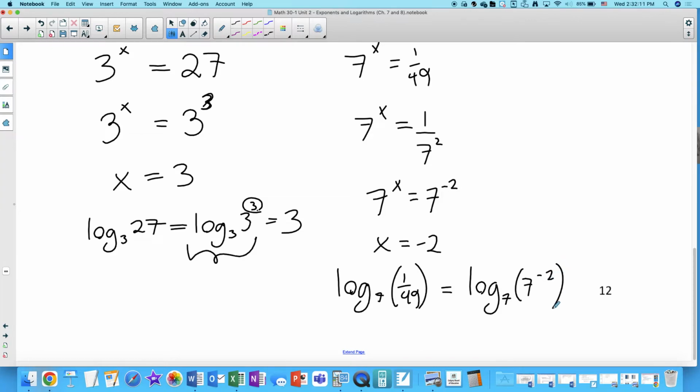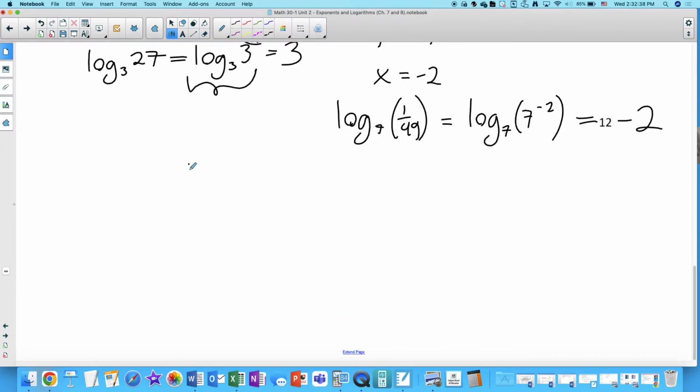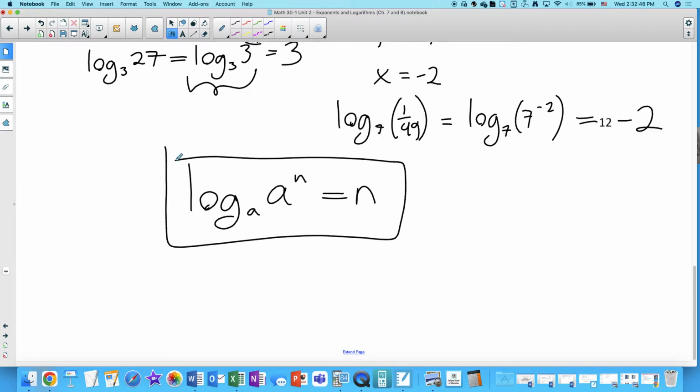This basically asks 7 raised to what exponent is 7 to the -2? 7 to the what equals 7 to the -2? It's got to be -2. Yeah, so as soon as you get it into this format, there you go. And in general, this is true, okay? Log base a of a to the n equals n.